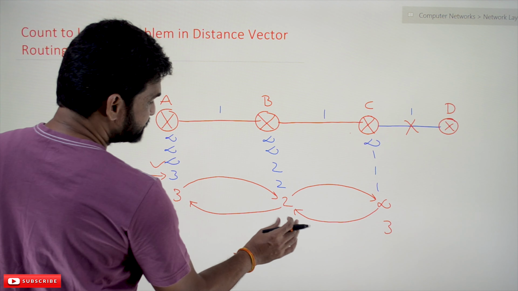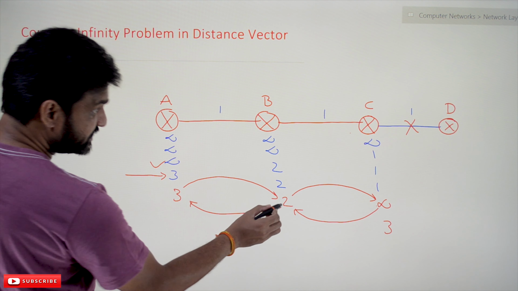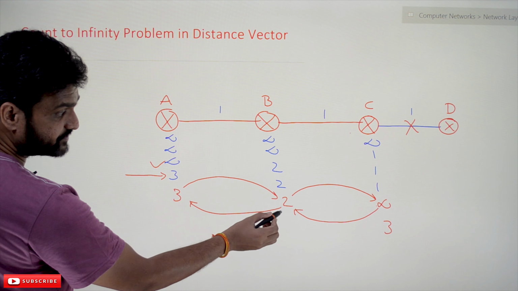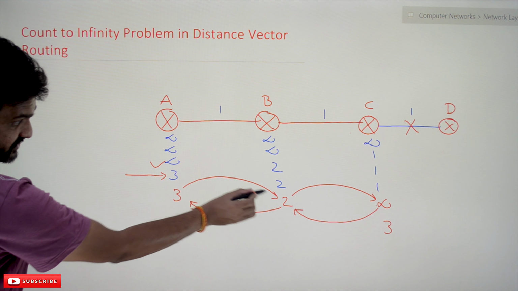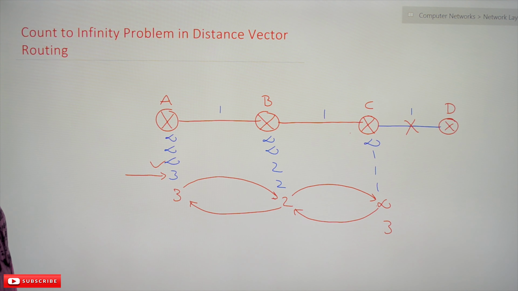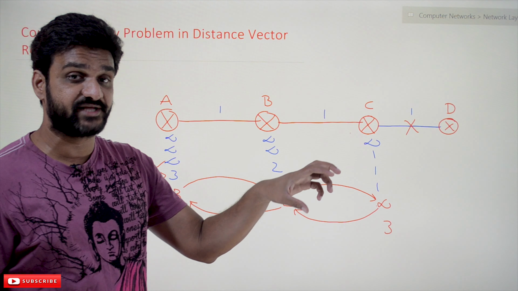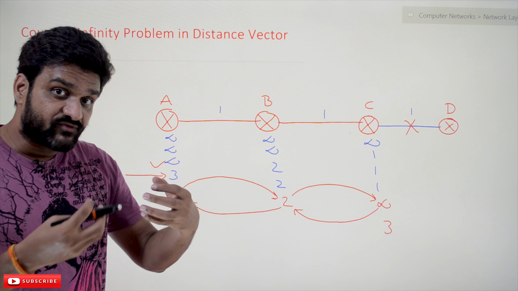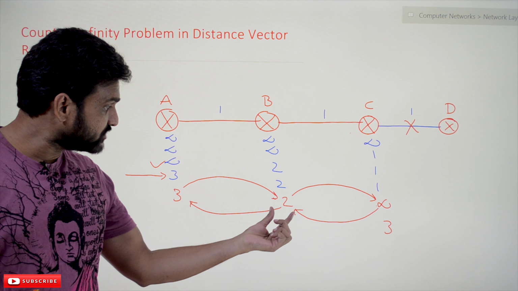Similarly, what knowledge is B going to get? It is going to get another piece of information, that 3. This 3 will also get transmitted to B. Once again I am telling this point: any node is not worried about its own value, even though it is smaller.